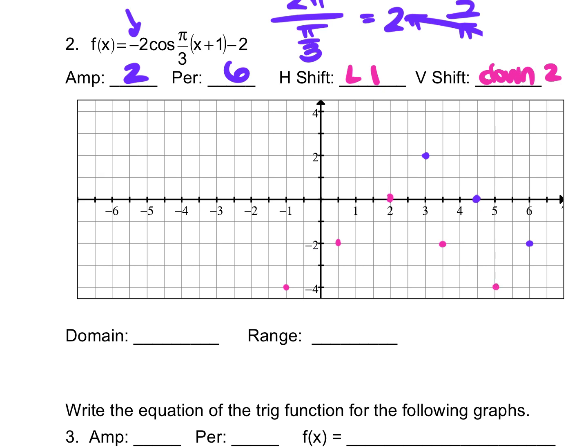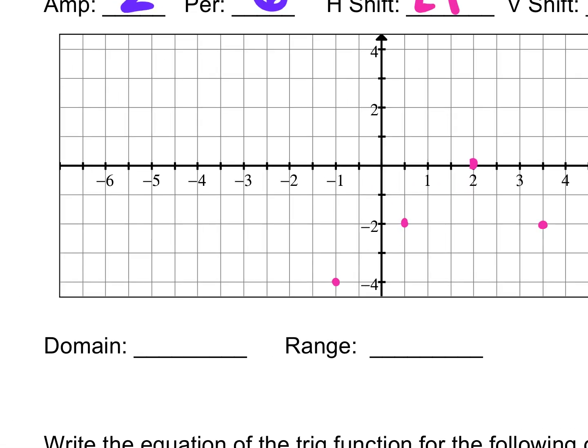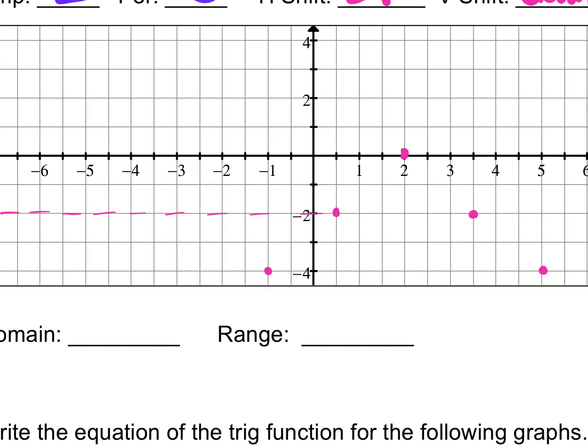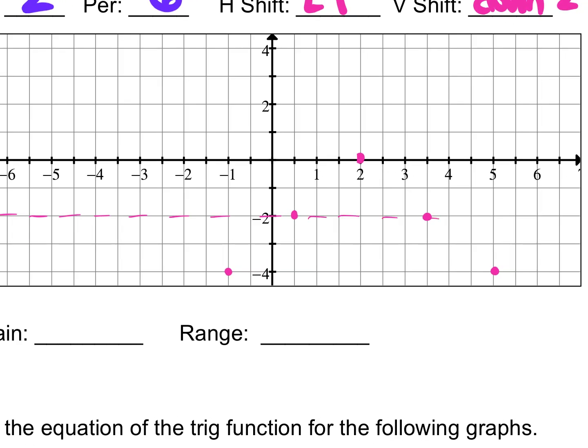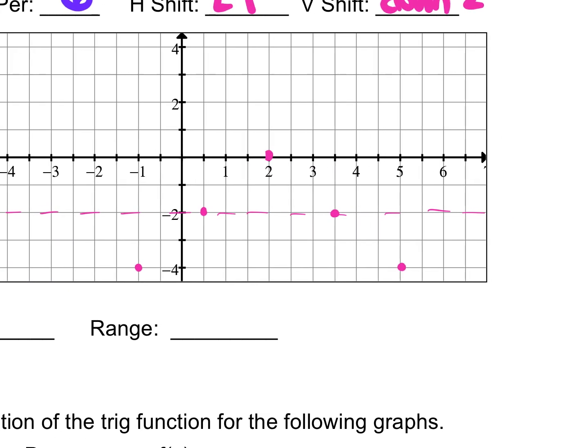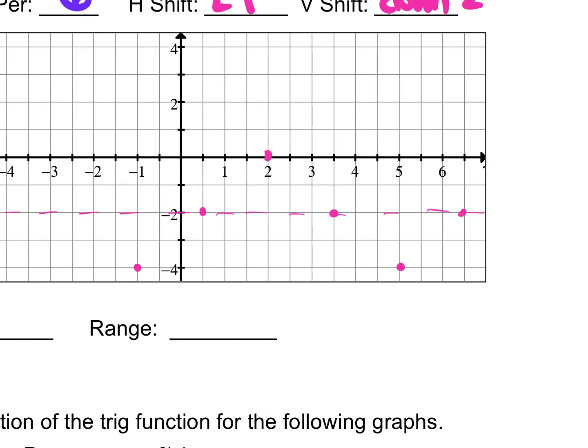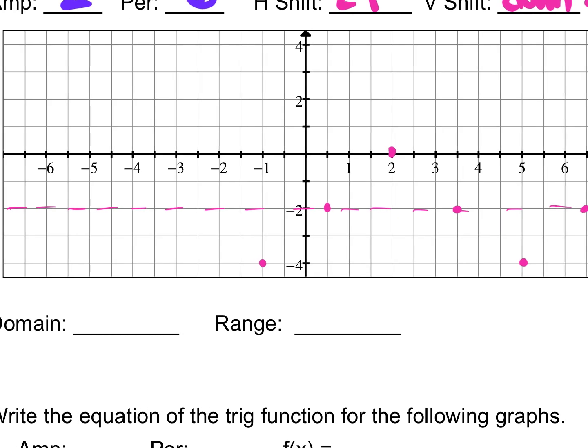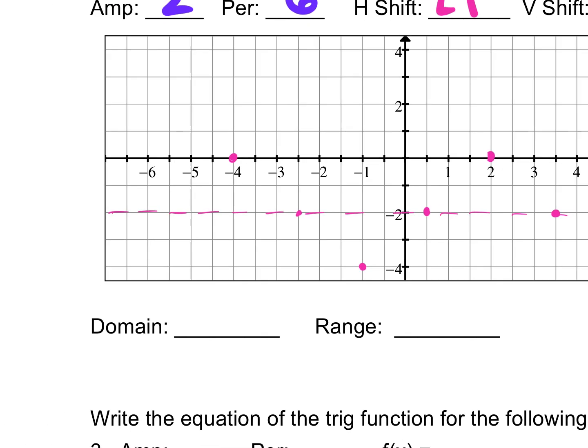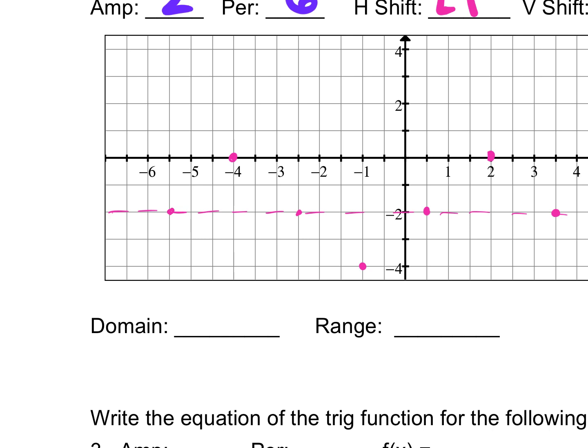Again, if it makes you see the graph a little bit better, you can draw in your dotted line axis at -2 to show that that's kind of the central line of your graph now that you're always going to come back to. So now if I would like to add some points, I can go over 3 blocks and back up, left 3 blocks and back up, left 3 blocks and up to a maximum, left 3 blocks and back to my 0, and I might be able to fit one more minimum here and connect my dots.